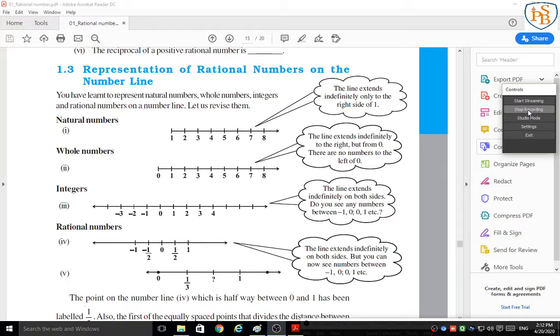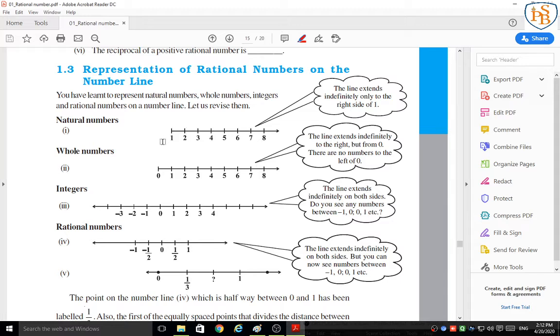So you have learned to represent natural numbers, whole numbers, integers and rational numbers on a number line. Let us revise them. Look at natural numbers. It is very easy. The line extends only to the right side of the 1.